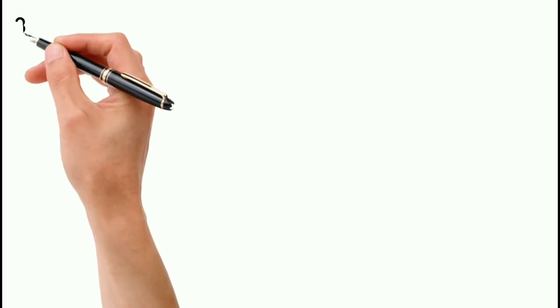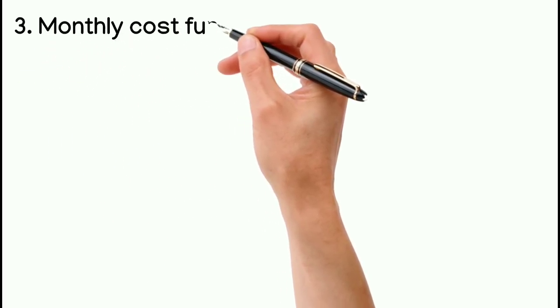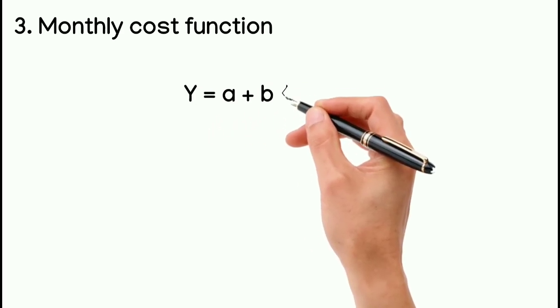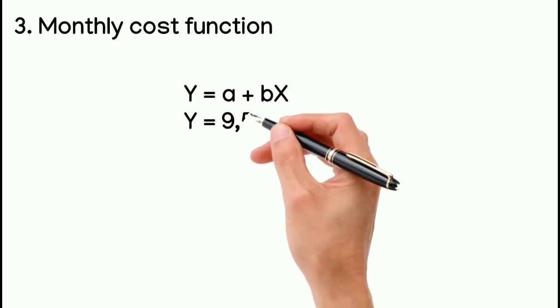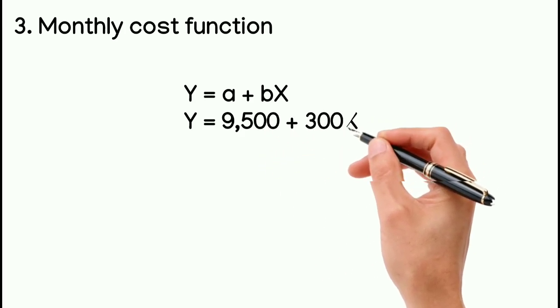Next, requirement number 3. Monthly cost function. Na-compute na natin kanina yung value ng A at value ng B. Therefore, we can now determine the monthly cost function. The monthly cost function is y is equal to 9,500 plus 300x.